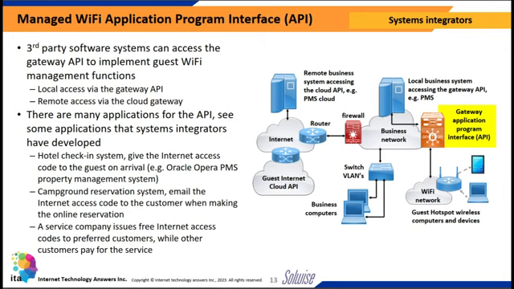Systems such as Guest Internet provide two types of APIs. One at the level of the equipment, whereby a local server can communicate with the gateway equipment and set access codes and delete access codes. There's also an API at the cloud level, where, for example, a company that's selling software for caravan park reservations might have 500 caravan parks.